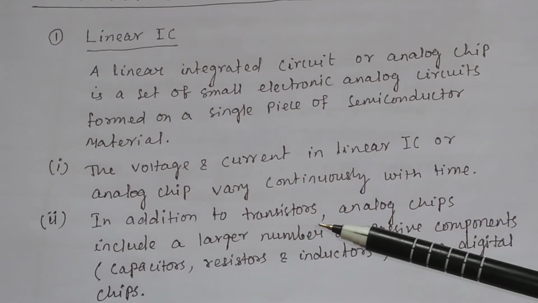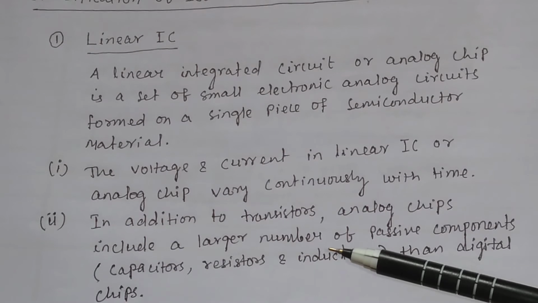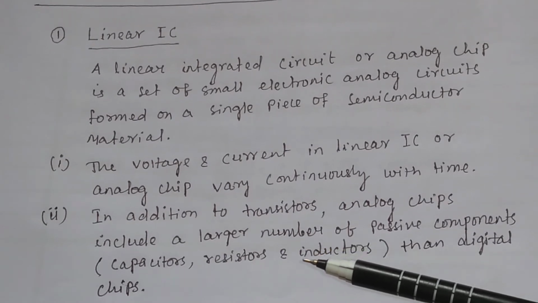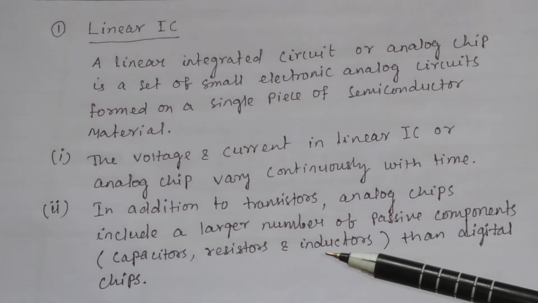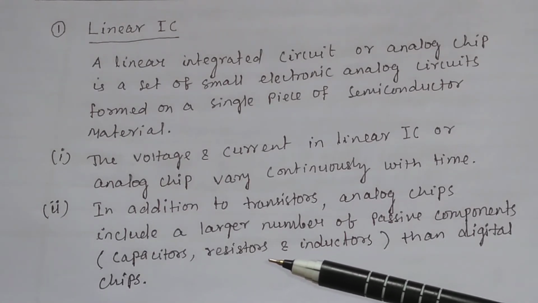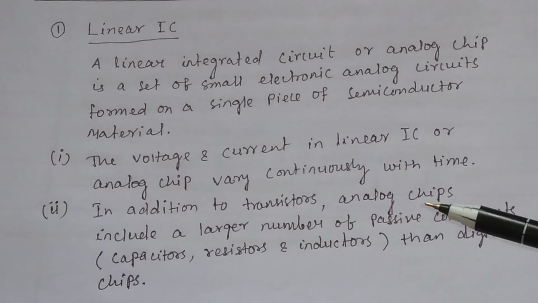In addition to transistors, analog chips include a larger number of passive components like capacitors, resistors, and inductors than digital chips. In digital chips, you have more active components like the transistors.